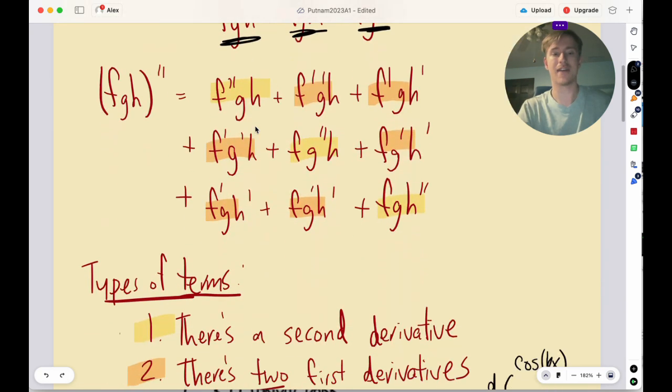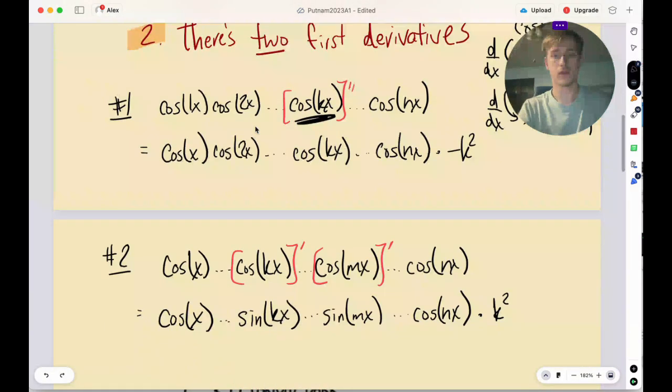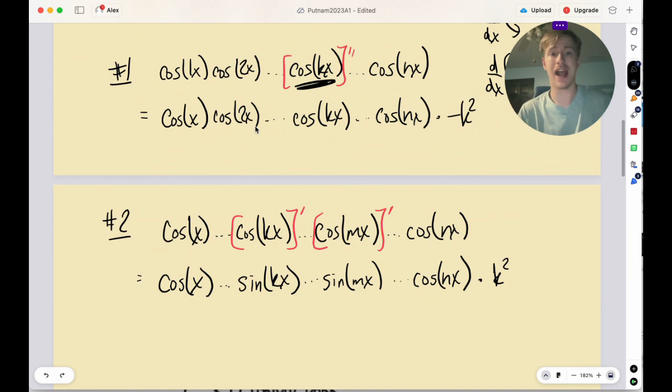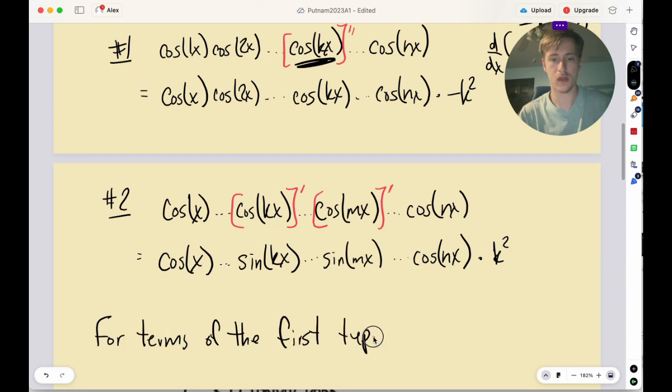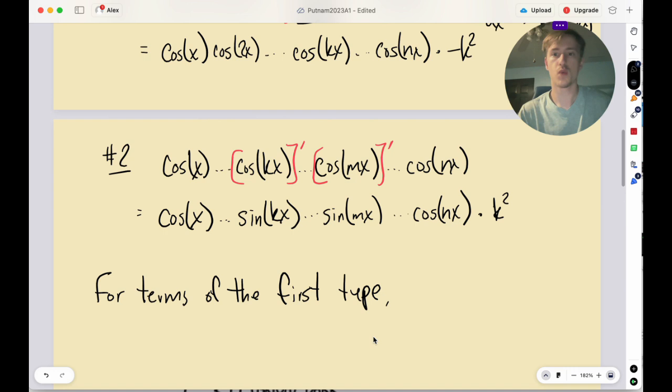So what you're going to have to essentially do is plug in 0 and see what happens. Okay, so for terms of the first type, if you evaluate that at 0, let's see, cosine of 0, cosine of 2 times 0, and so on, cosine of k times 0.